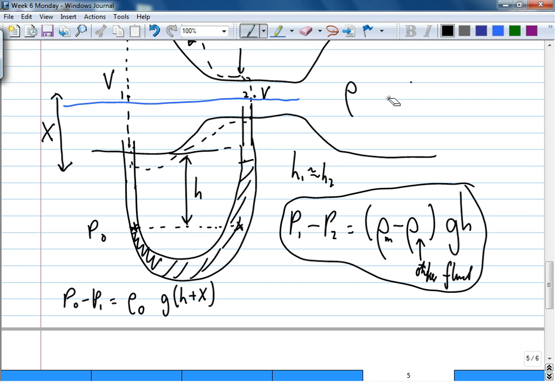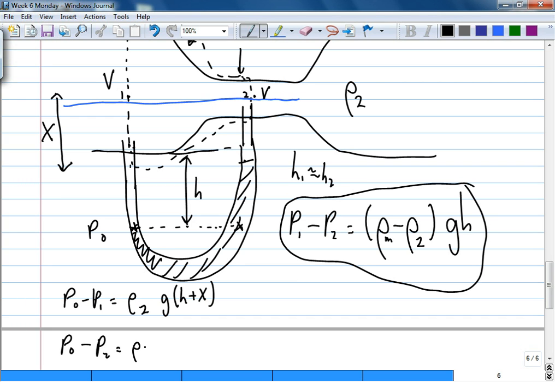Maybe I'll stop calling it other fluid; I'll just call it rho 2. Is this okay so far? And if I do it on this side, I get P naught minus P2 is equal to rho manometer GH plus rho 2 GX.